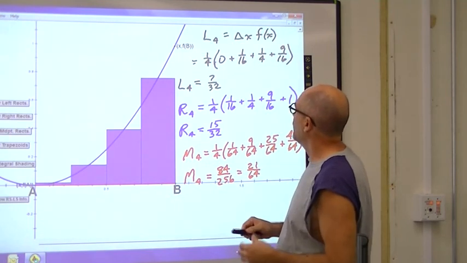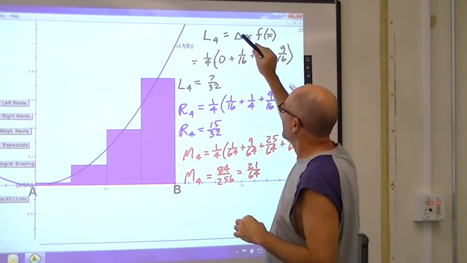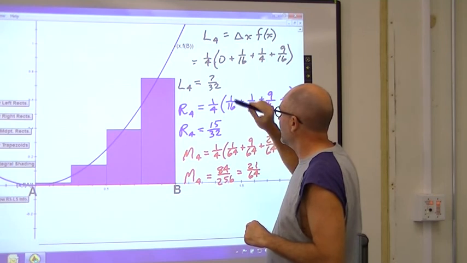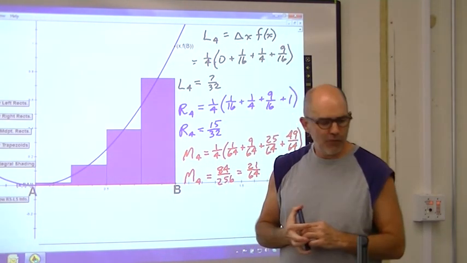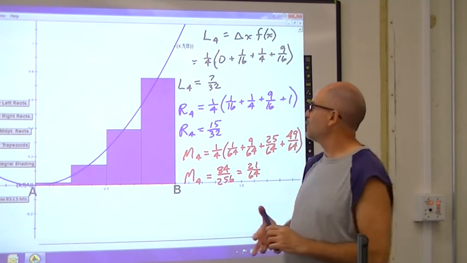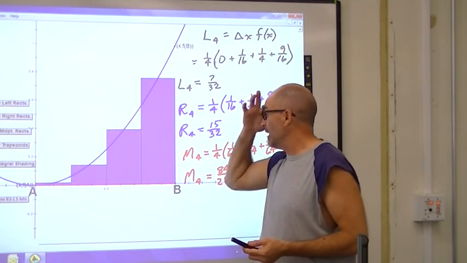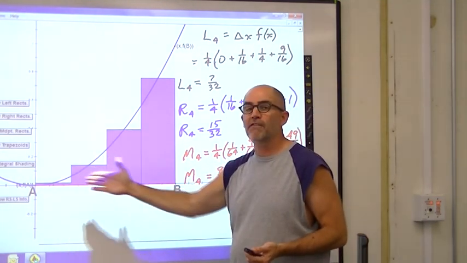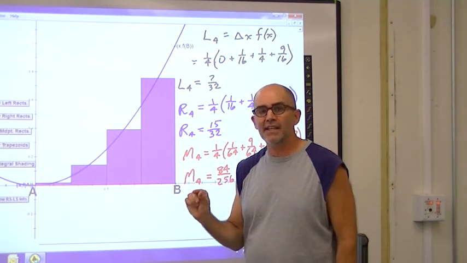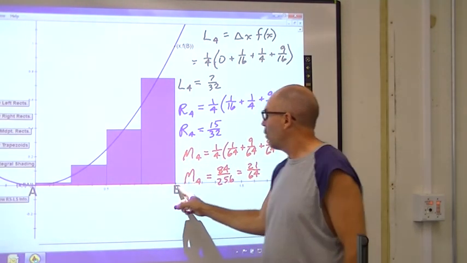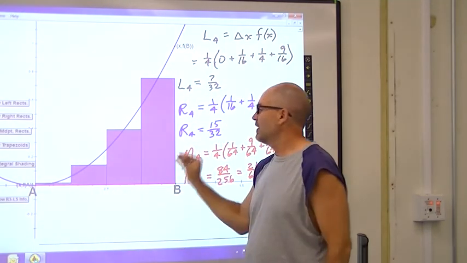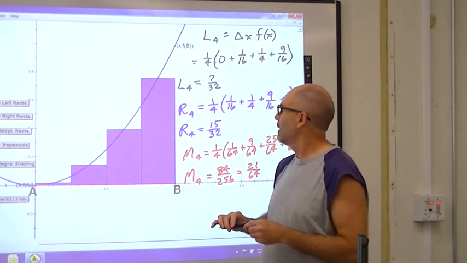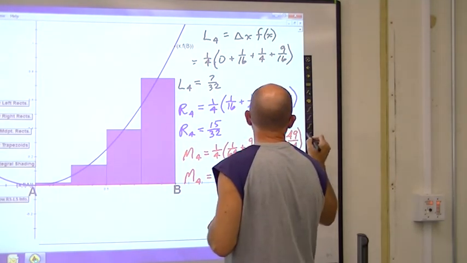So we know how to get a left-handed estimate, a right-handed estimate, and a midpoint rectangle estimate for our curves. And we could do this with any amount of rectangles. Because if I wanted to do 50 rectangles, how wide is each rectangle? Well, it's 1 minus 0, which is 1, divided by 50. Let me put that up here on the board.